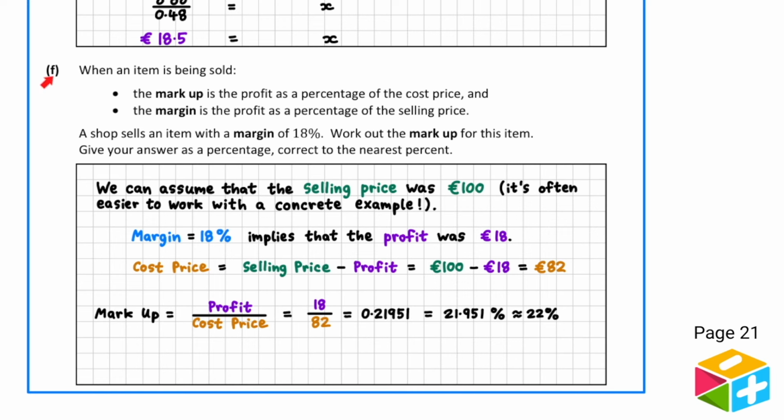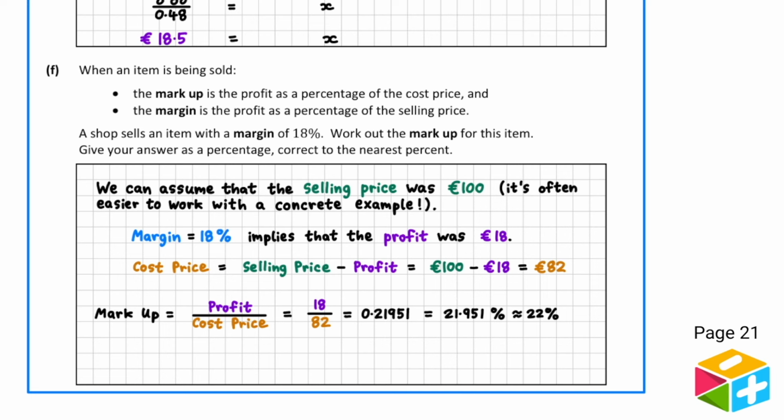In part F, we're provided with some definitions. The markup is the profit as a percentage of the cost price. The margin is the profit as a percentage of the selling price. We know that a shop sells an item with a margin of 18%, and we need to find the markup.